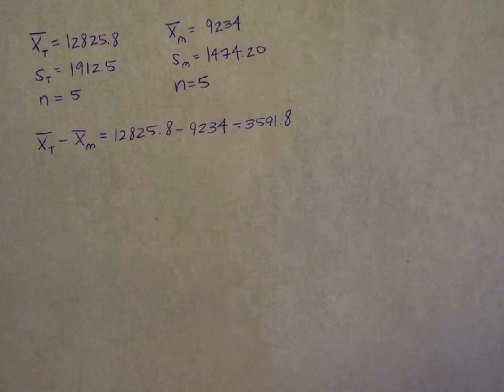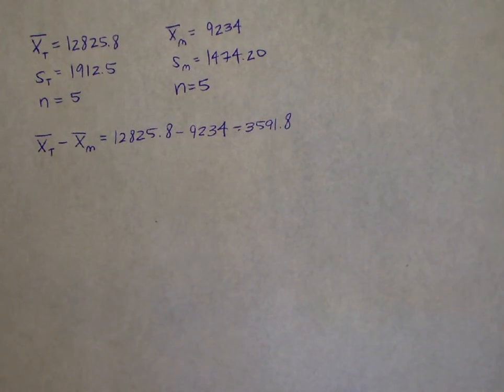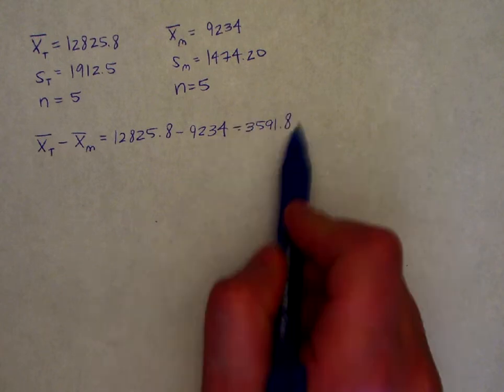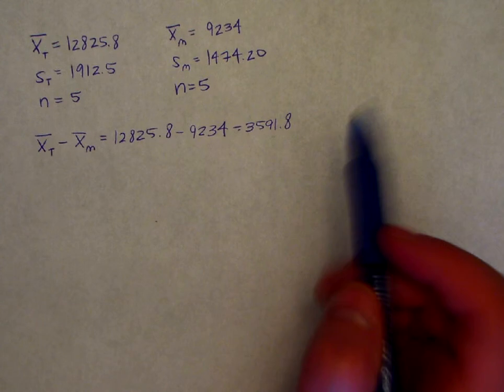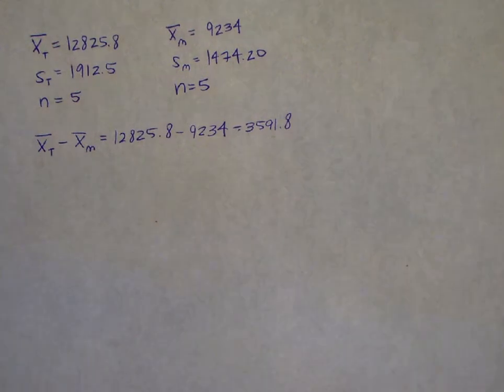And that is the difference in my sample means. Okay, so this is going to be used when we go to our curve and try to figure out what's going to go on that curve. We're going to be using that. So make sure you have that.